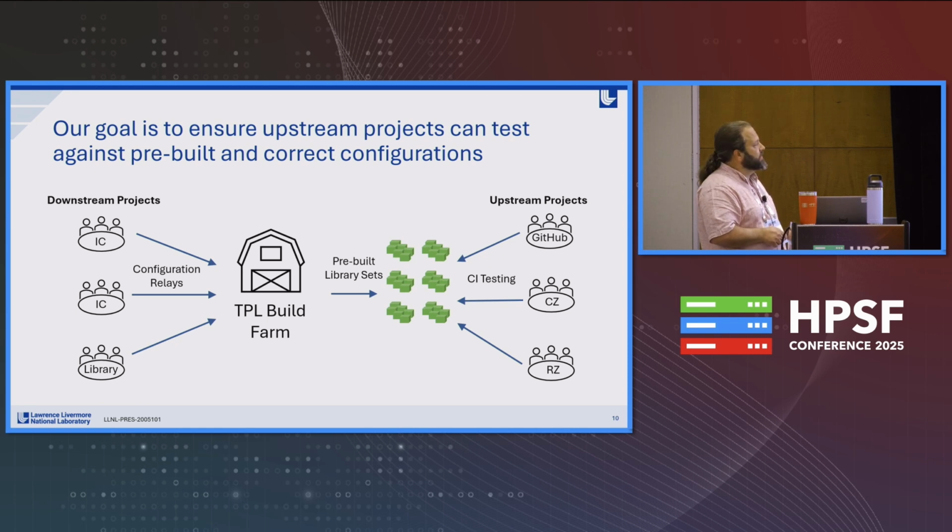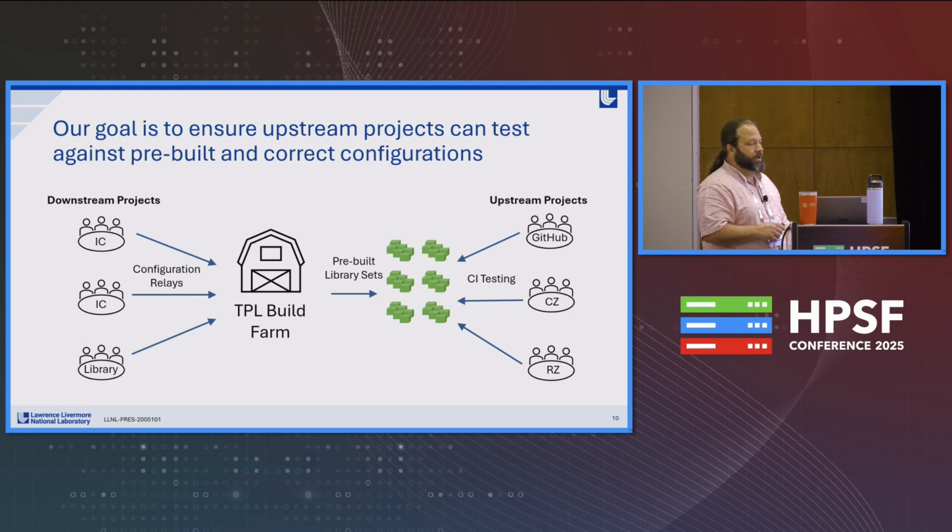It lives inside of these important projects. It grabs the information out of their build of how they're building with Spack. It filters it. It chucks it into TPL build farm, which, to make a hard thing simple, outputs these library build sets. And then we have these upstream projects. Wherever they live, they can build against those pre-built libraries.